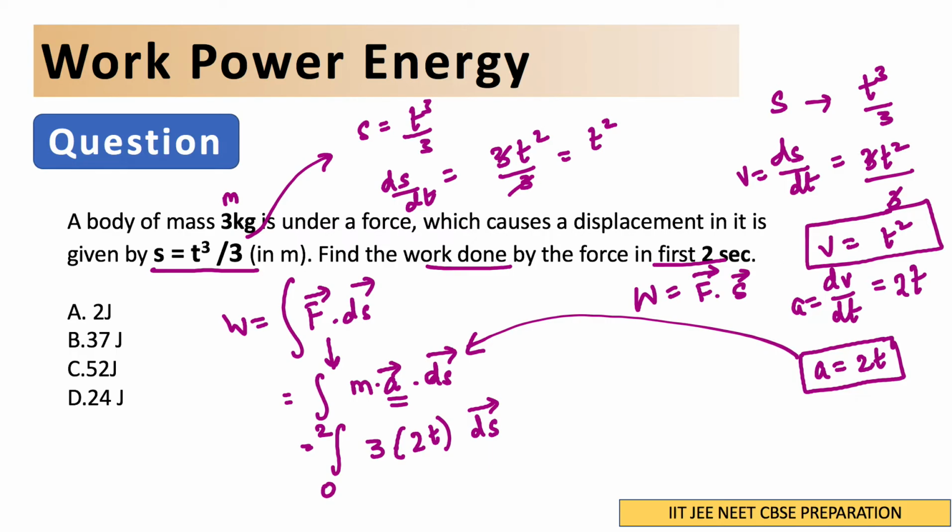So ds is t² dt. Substituting this, the expression becomes 3 into 2t into t² dt. Now this expression is in terms of t, and the range of t is 0 to 2 seconds, so the integration is from 0 to 2. Just do that and you will find your answer.